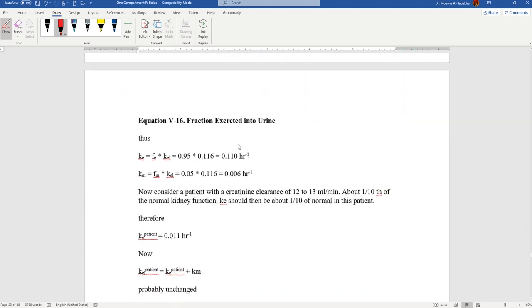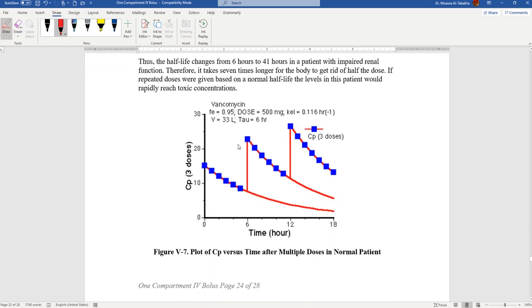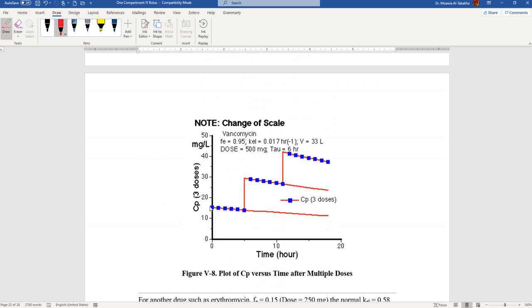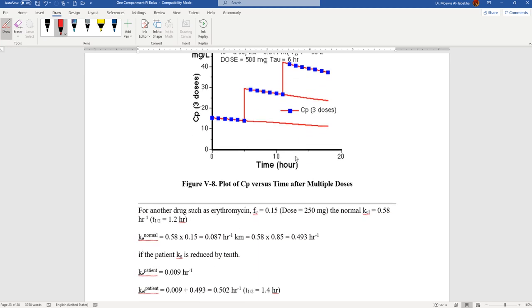This is a very big problem. If we look at the normal way, this is for a normal patient. Look, there is an increase: initial concentration is 15, then it becomes 24 maybe, then 27 or 26 and so on. But for this patient it started at 15, but look how it became. Now it's about 30 and then more than 40, so we will have a big problem.